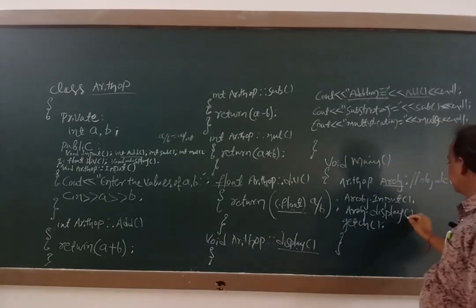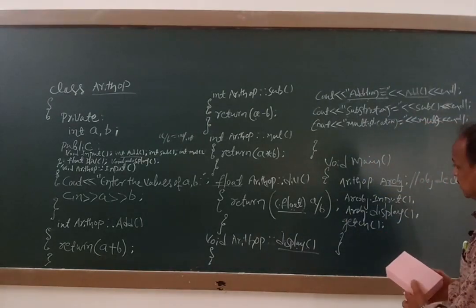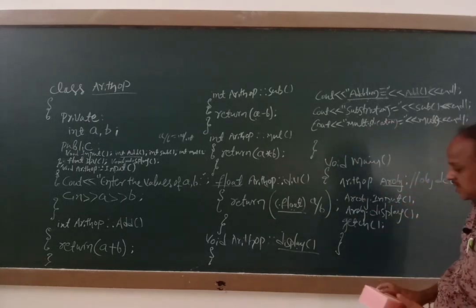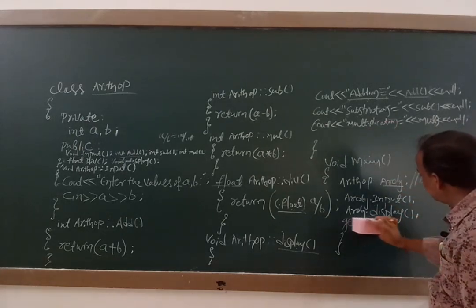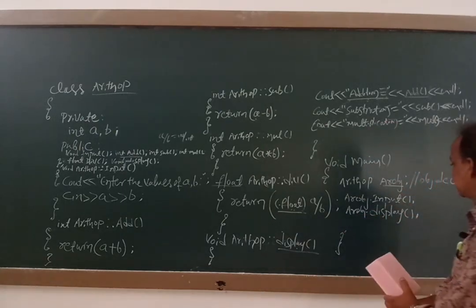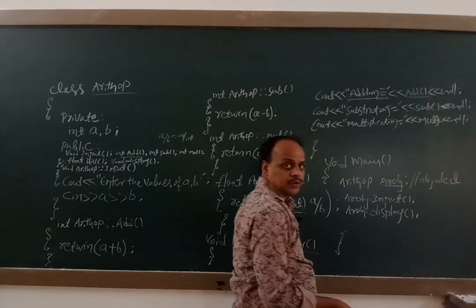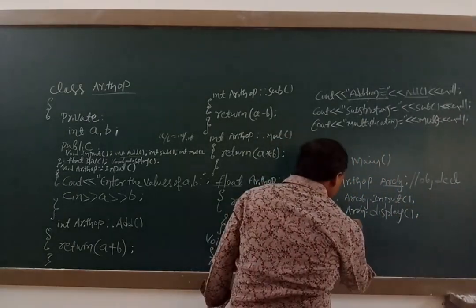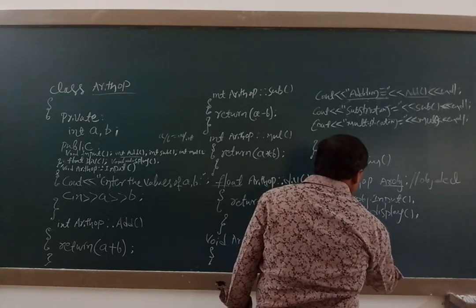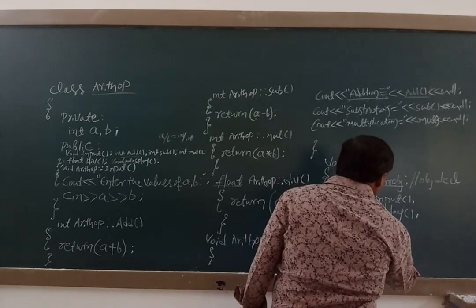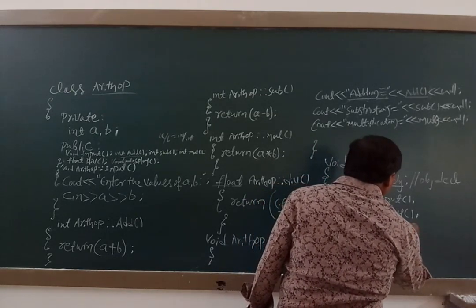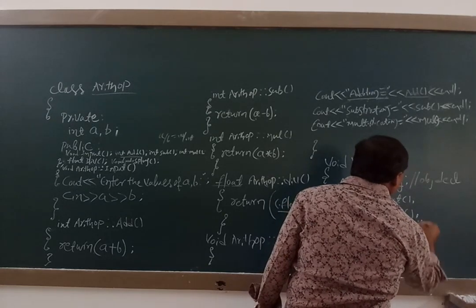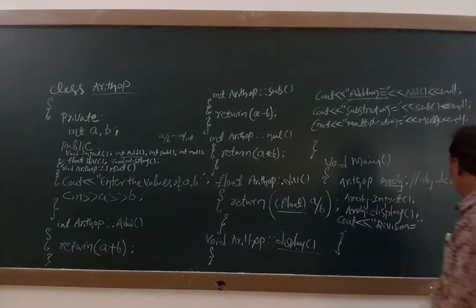Now it comes back. I have not written division in the display function, I want to write it in the main function. So how is it possible? Using a cout statement. Cout division is equal to, right?